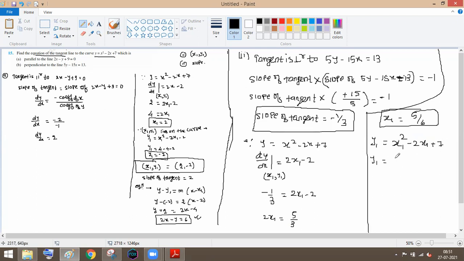So y1 will be equal to 25 by 36 minus 10 into 6 by 36 plus 7. Now if I solve this, what is 25 minus 60? It is minus 35 upon 36 plus 7.